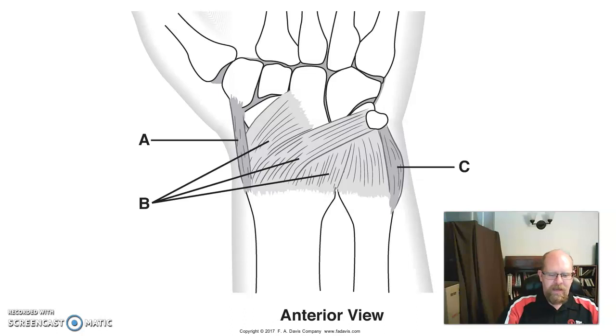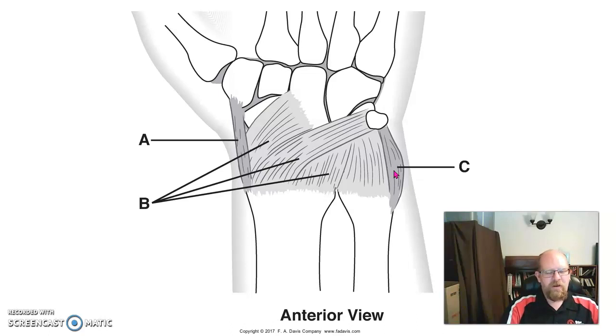So the wrist has a medial and lateral collateral ligament, except this time we call them the radial collateral ligament and ulnar collateral ligament. In the elbow we saw medial and lateral collateral ligaments.